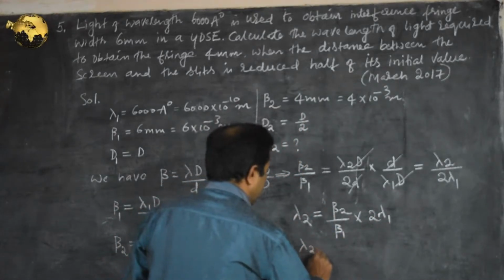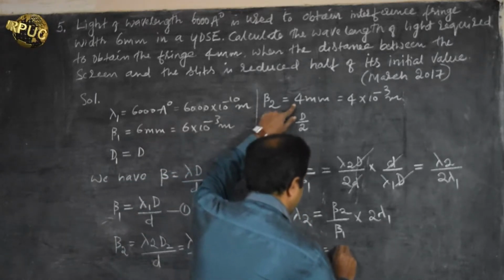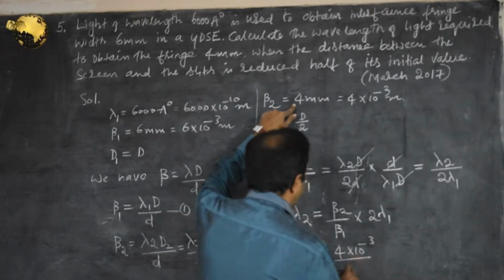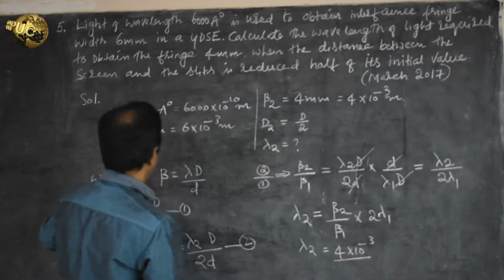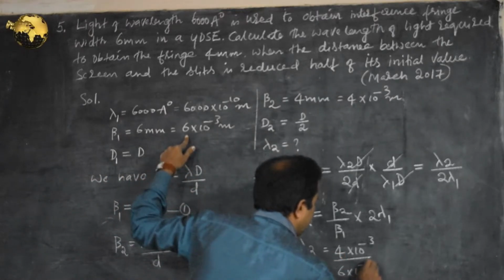So lambda 2 is equal to, the value of beta 2 is 4 into 10 to the power minus 3. Beta 1 is 6 into 10 to the power minus 3.